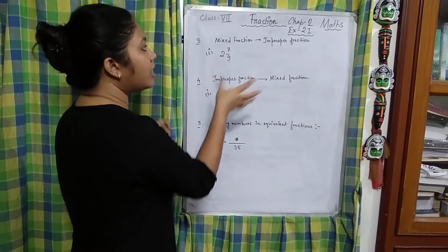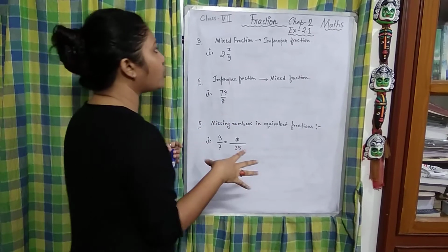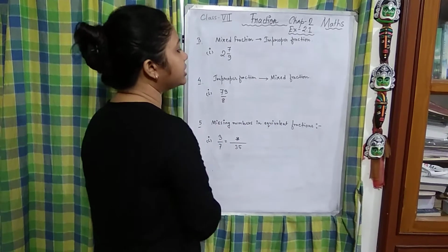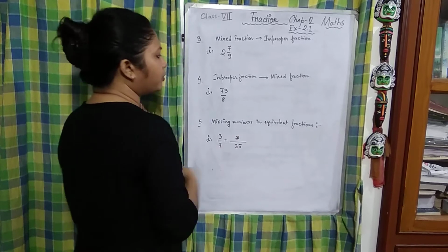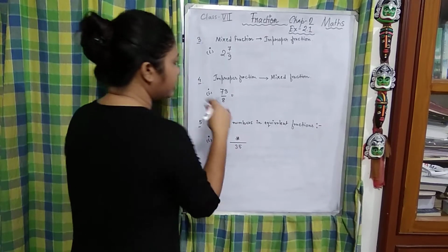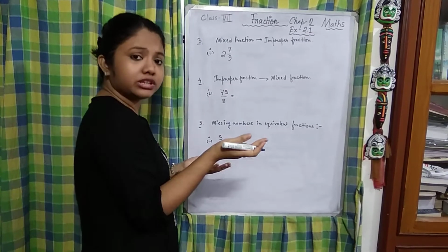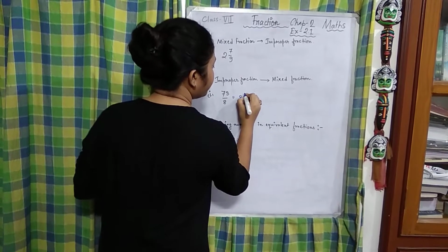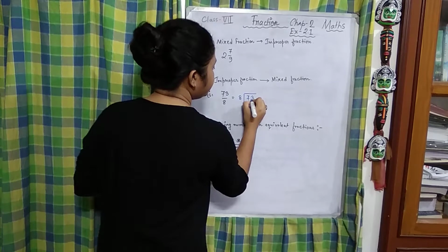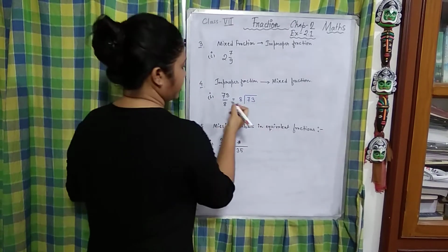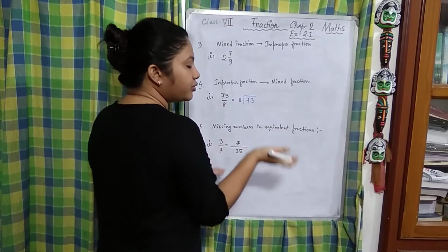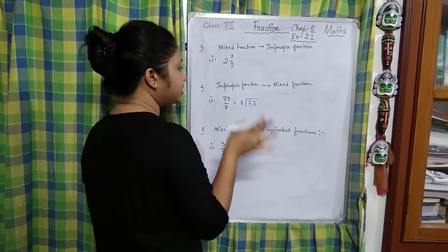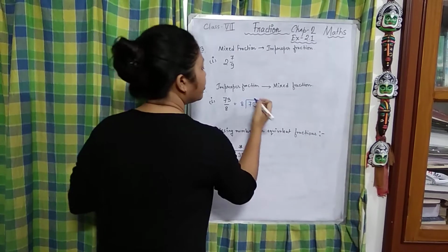In our previous video also we talked about how an improper fraction cannot always be kept as an improper fraction. We have to convert it into a mixed fraction. So how do we convert it into a mixed fraction? We have to divide, right? When the numerator is bigger than the denominator, we always divide the numerator by the denominator.